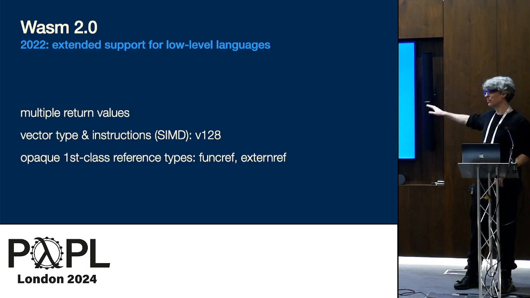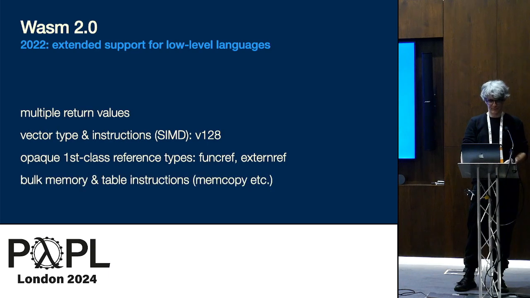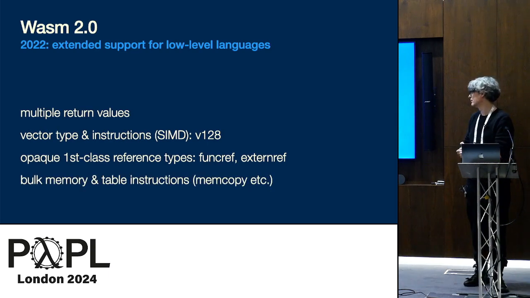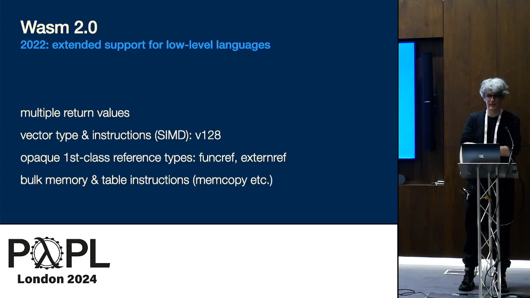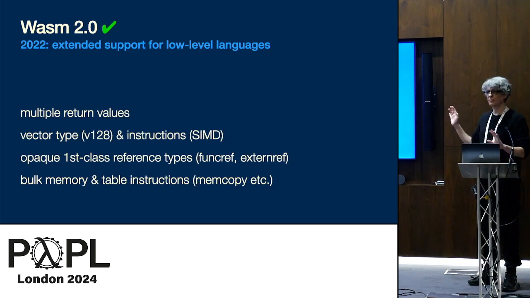And that is kind of a precursor for what we are now working on with garbage collection, stuff like that. And then there were various instructions that make things like memory copy more efficient. They are, again, not semantically interesting. They're just a performance improvement. So that is also done. That was basically 2 years ago that we merged all this.